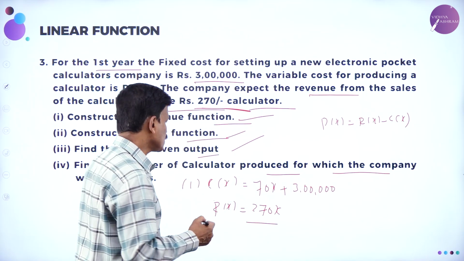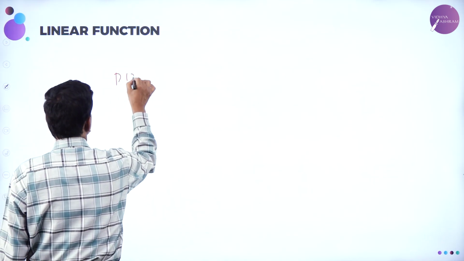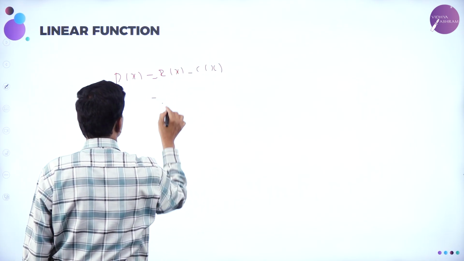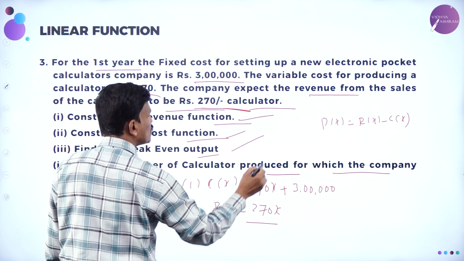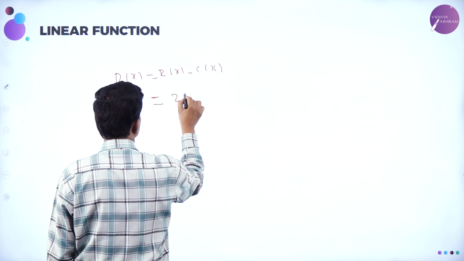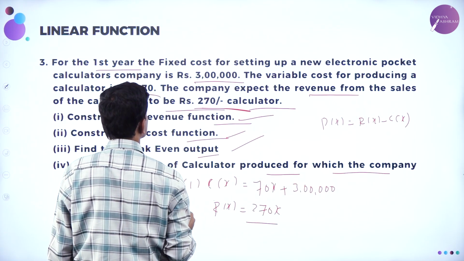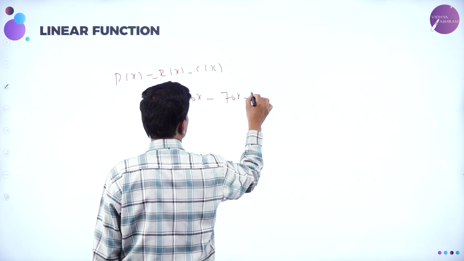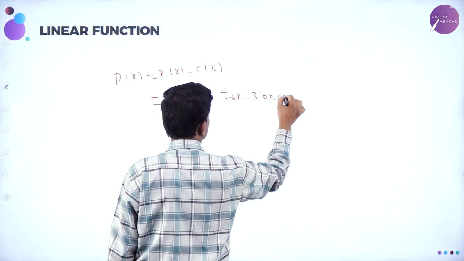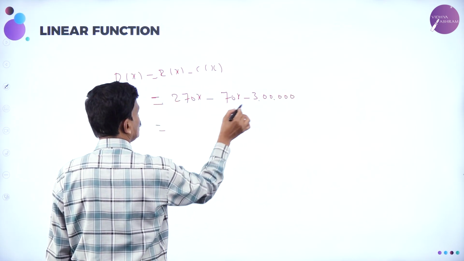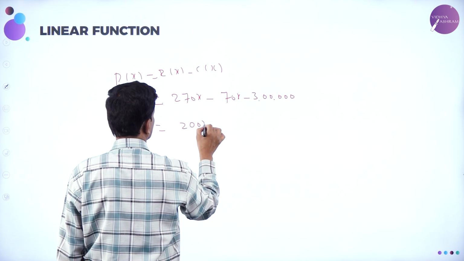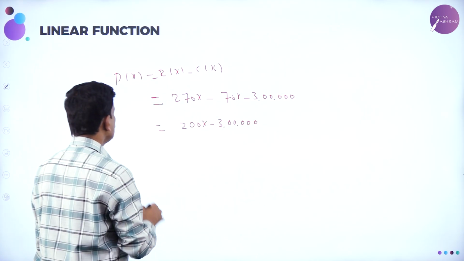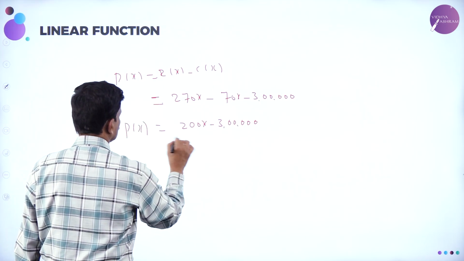Therefore P of x is equal to R of x minus C of x. R of x is 270x minus C of x, which is 70x plus 3 lakhs. 270 minus 70 is equal to 200x minus 3 lakhs. This is P of x.